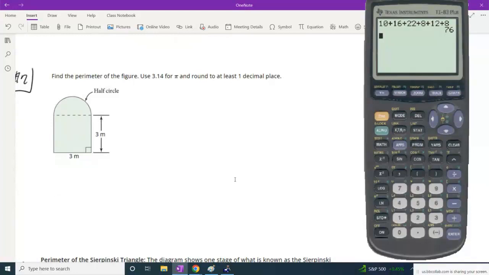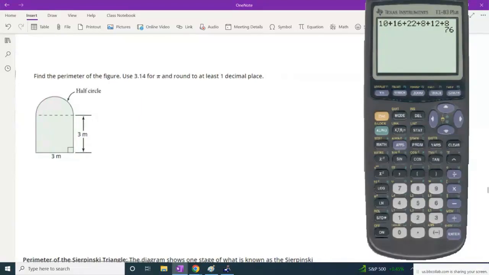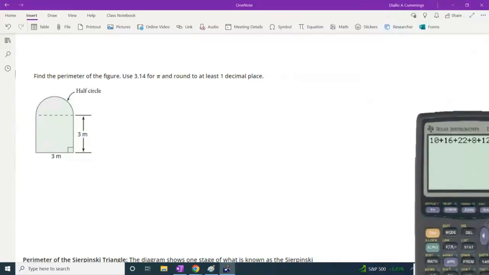It says find the perimeter of the figure, and they want you to use 3.14 as the approximated value for pi, and it says round to at least 1 decimal place. So now, if I look at the top of this figure, notice that it's a half circle. We have the formula for the circumference of a circle, right?